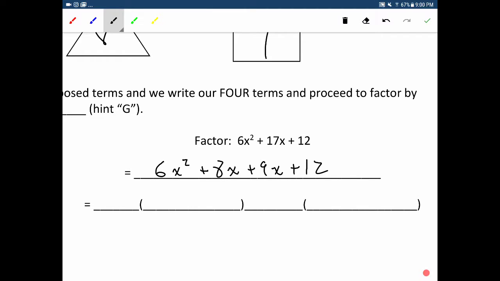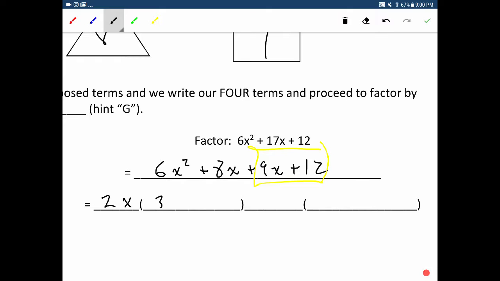Okay? So what we're going to do now is we're just going to ignore this part here. We just pretend it's not there. We've just got 6x squared plus 8x, and we common factor out everything we can. Okay, so the only number that we'll factor out of 6 and 8 is going to be 2. And then we say, well, we've got x squared and x. We can factor an x out of both of those.